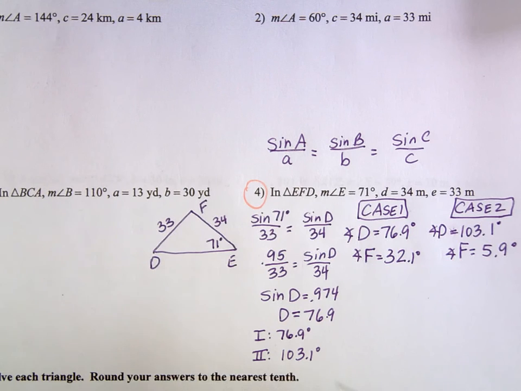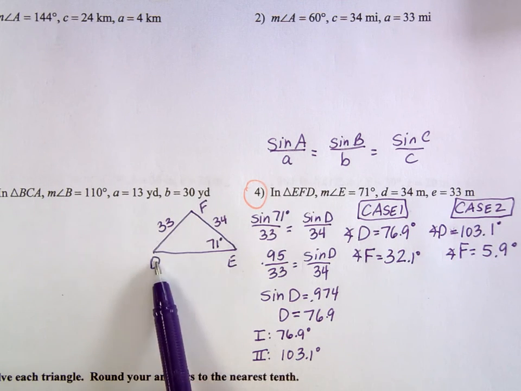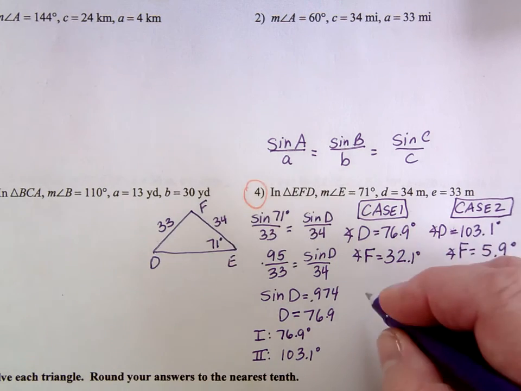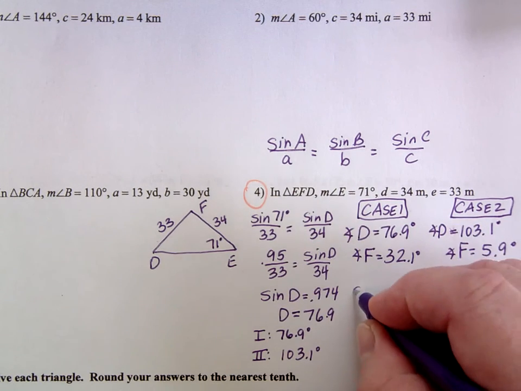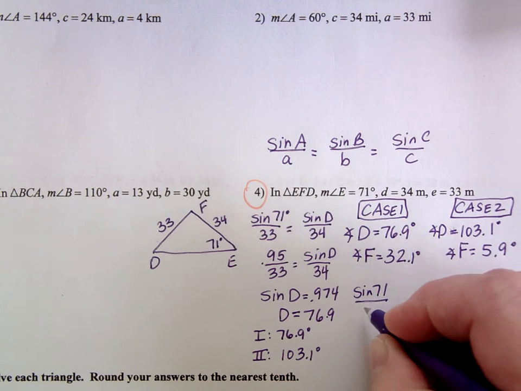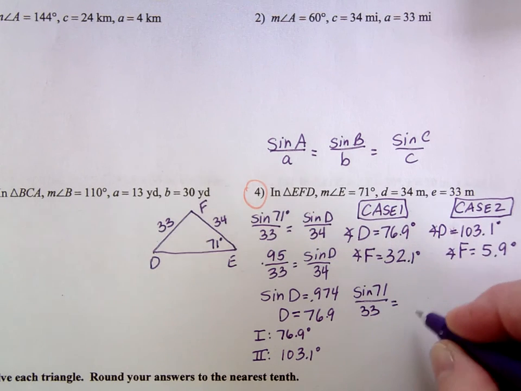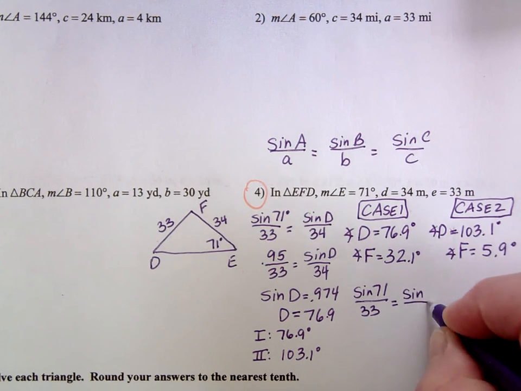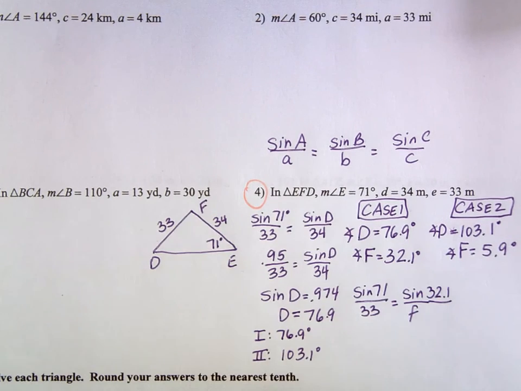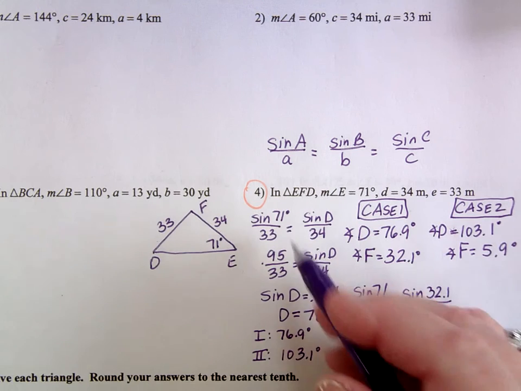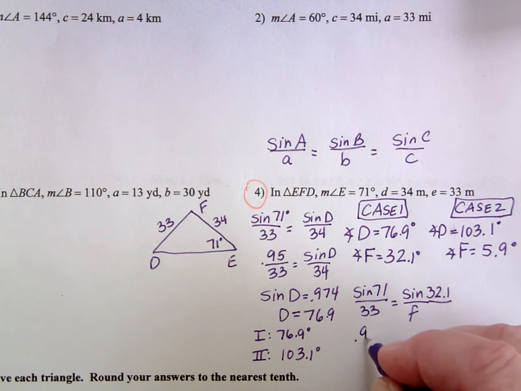I know what little e is, I know what little d is, and I'm looking for little f. So I'm going to set up a proportion. I usually go back to this very beginning one. Sine of 71 over 33 equals the sine of, I'm looking for little f, so I'm going to use f here, 32.1. Sine of 71 is 0.95.